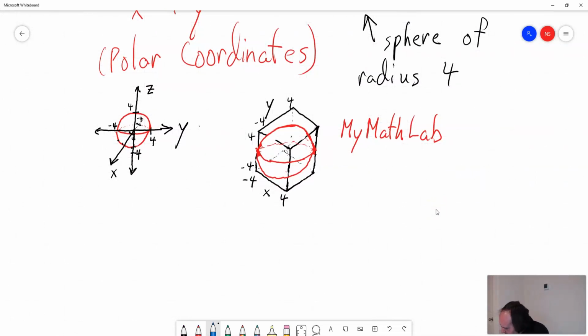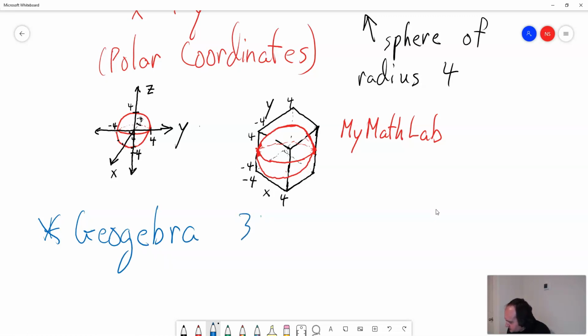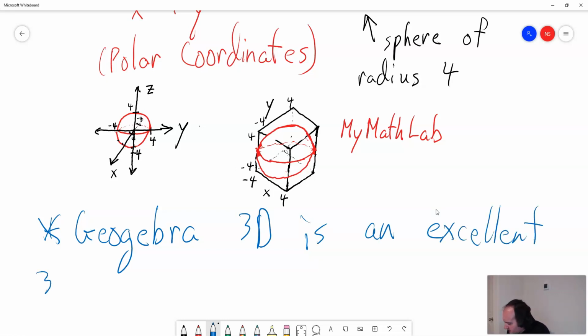Okay, so Geogebra 3D. Geogebra 3D is an excellent 3D graphing calculator.